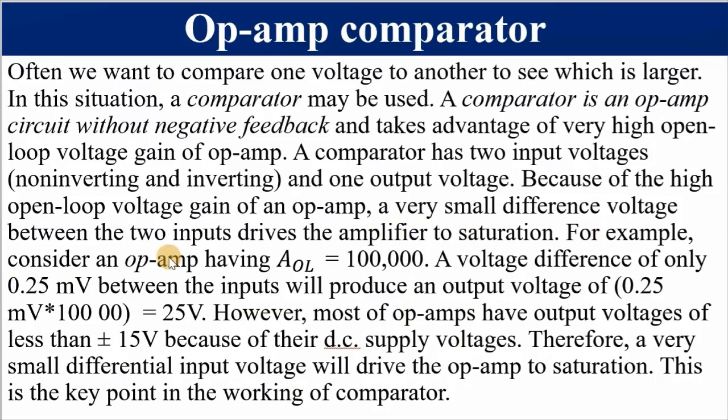For example, an operational amplifier with a difference voltage of 25 millivolts and an open loop gain of 100,000 will give us 25 volts, and this is a high output voltage, because most operational amplifiers have output voltages that are less than plus or minus 15 volts or plus or minus 18 volts because of their DC supply voltages.